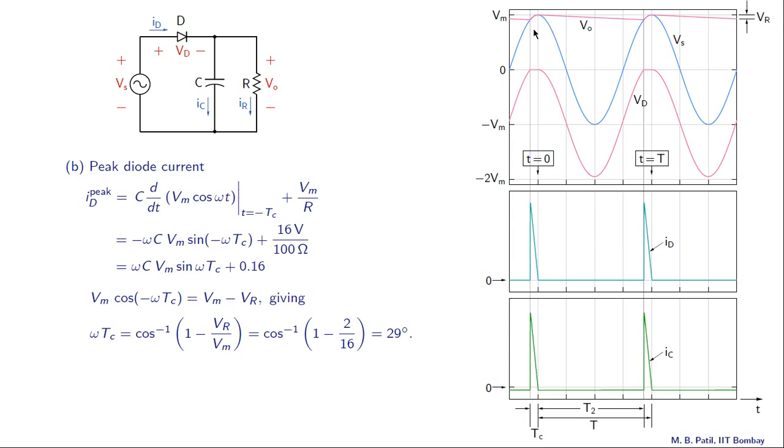And so we can use that condition to get Vm cos of minus omega Tc equal to Vm minus Vr, and that gives us an idea of what Tc should be. So omega Tc then is cos inverse of 1 minus Vr by Vm. Vr is 2 volts, Vm is 16 volts, and omega Tc then turns out to be 29 degrees.